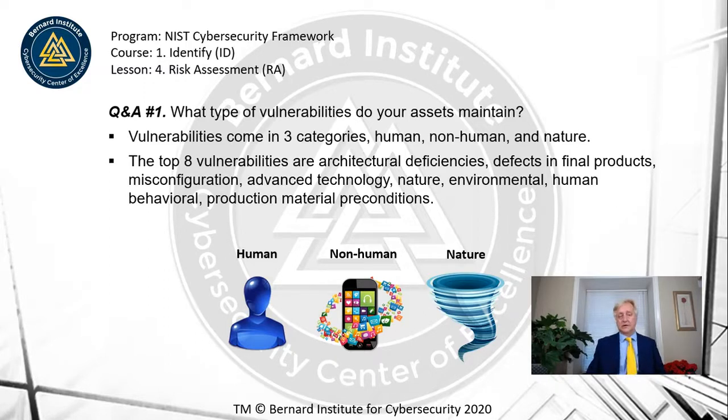Misconfiguration speaks for itself. If you don't enter the right security parameters on a device, on a firewall, or on another device that's protecting the information, it might be easy to bypass it. Advanced technology. Right now we deal a lot with more traditional linear technology, but there's other technology that's coming.